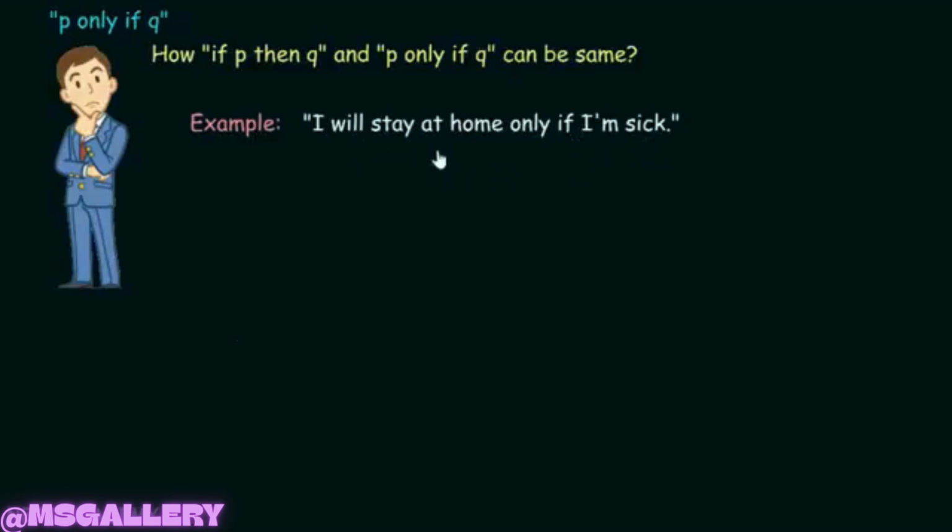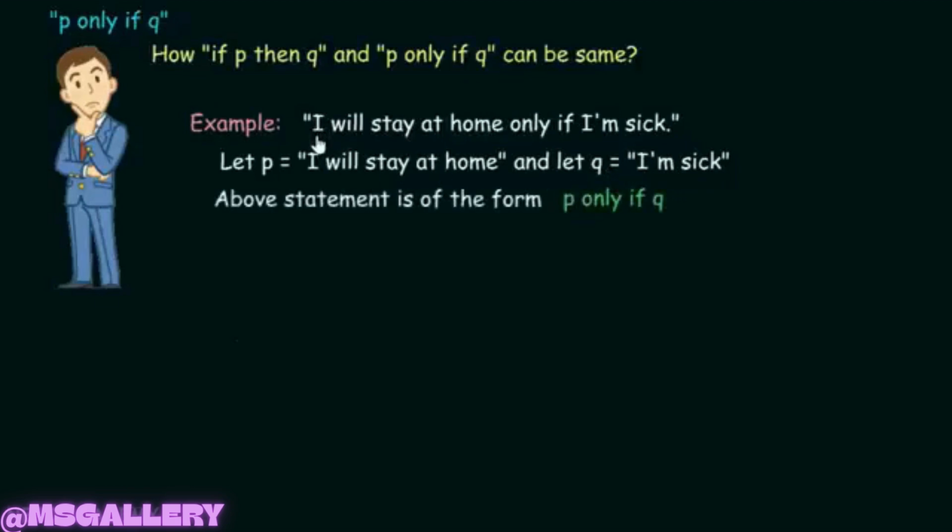Let P be "I will stay at home" and let Q be "I am sick." As we can clearly see, this statement is of the form P only if Q.